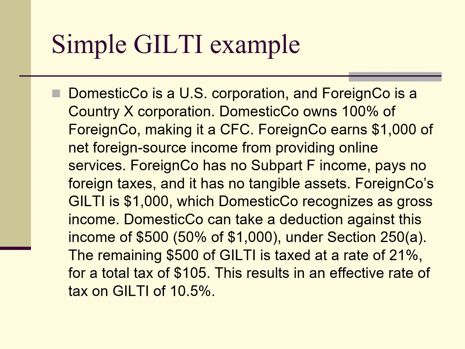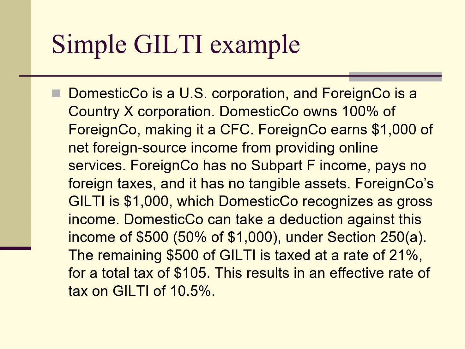Domestic Co. is a U.S. corporation, and Foreign Co. is a Country X corporation. Domestic Co. owns 100% of Foreign Co., making it a CFC. Foreign Co. earns $1,000 of net foreign source income from providing online services. Foreign Co. has no subpart F income, pays no foreign taxes, and has no tangible assets.